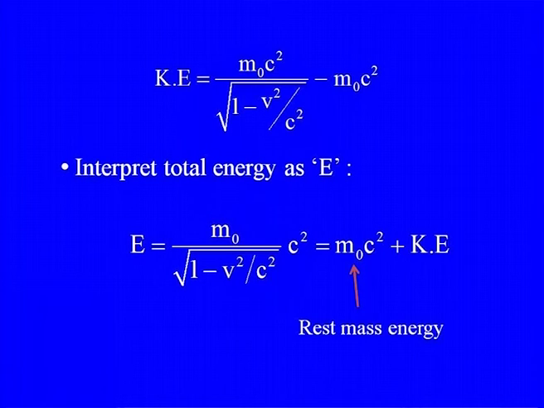So that will be equal to m0 c square, which we call the rest mass energy, if we consider m c square as the total energy plus the kinetic energy.